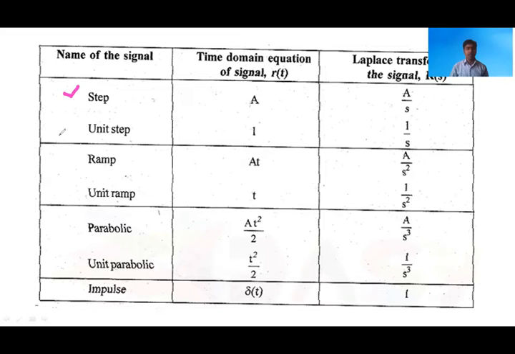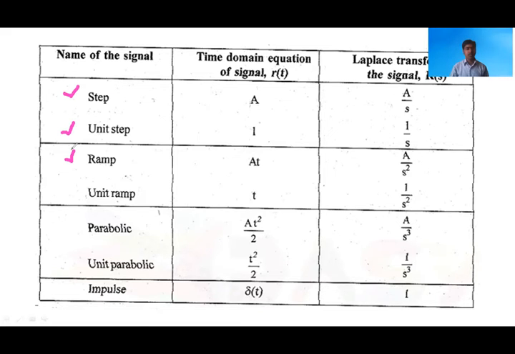If the signal is unit step, then the amplitude is 1, and the Laplace transform is 1 by s. When the input signal is a ramp signal, if its magnitude is not unity, then it is expressed as At. Therefore, the Laplace transform is A by s square.